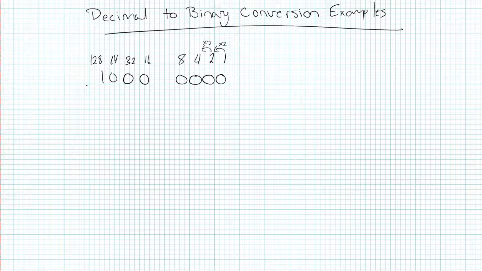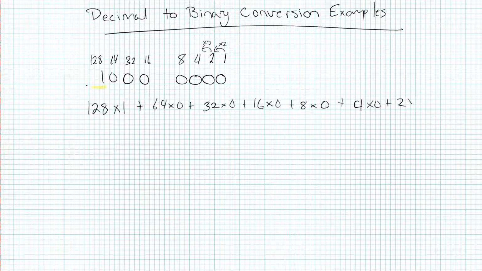So we have 8 bits and we know the value of each. In this case, we have a nice easy example because the only 1 bit that we have is that first bit. It's the 128 bit. So we know we have 128 times 1 plus 64 times 0 plus 32 times 0 plus 16 times 0 plus 8 times 0 plus 4 times 0 plus 2 times 0 plus 1 times 0.